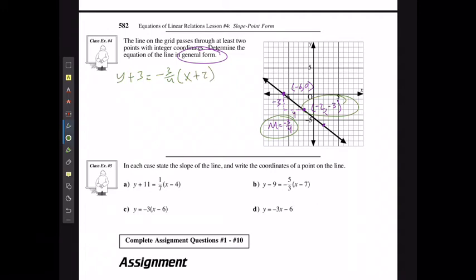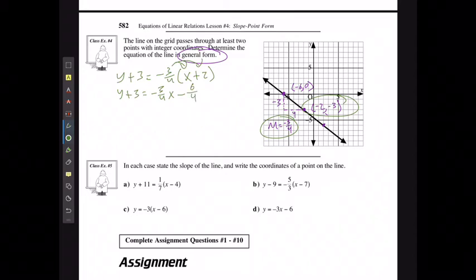Then I would do the same process I would to convert it into my slope-intercept form to begin with. I'm going to multiply everything out, and I'm going to say y plus 3 is equal to negative 3 over 4x minus 6 over 4.